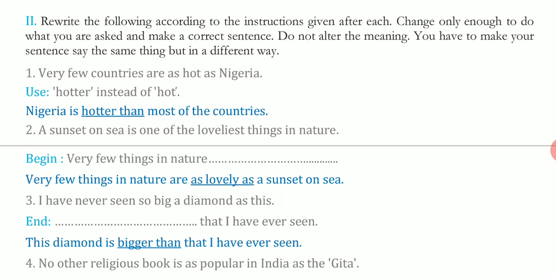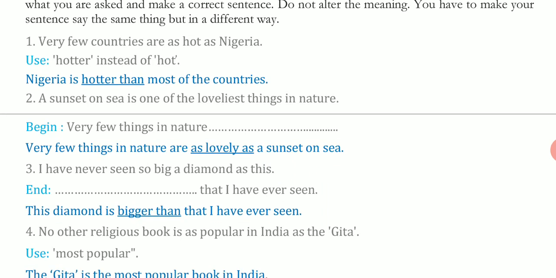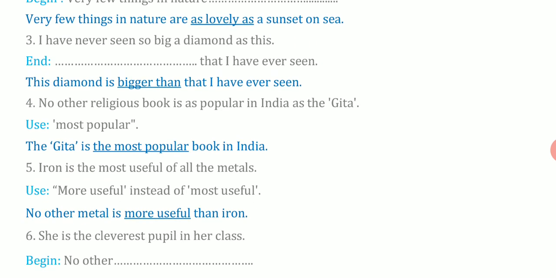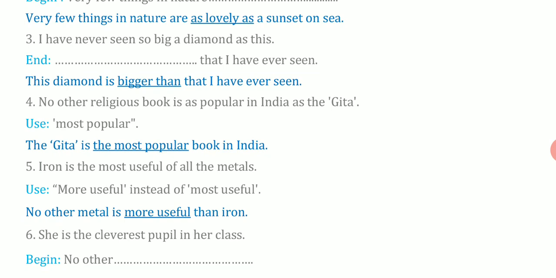A sunset on sea is one of the loveliest things in nature. We are to start with very few things in nature. So very few things in nature are as lovely as a sunset on sea. As lovely as means positive degree. I have never seen so big a diamond as this.